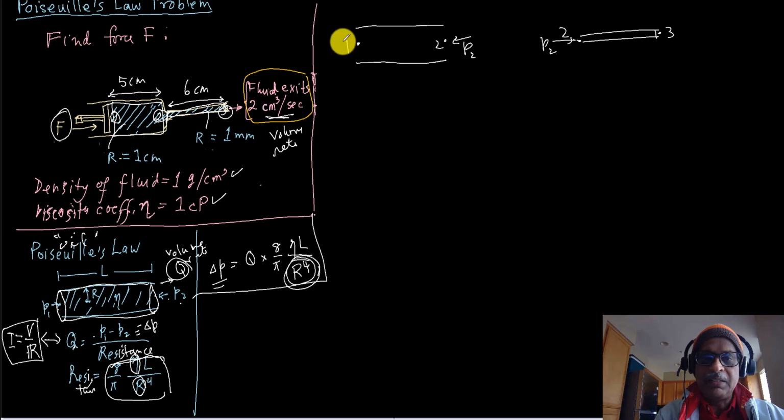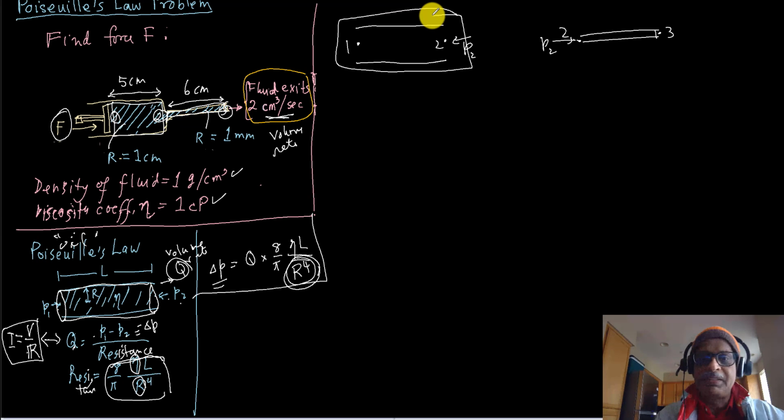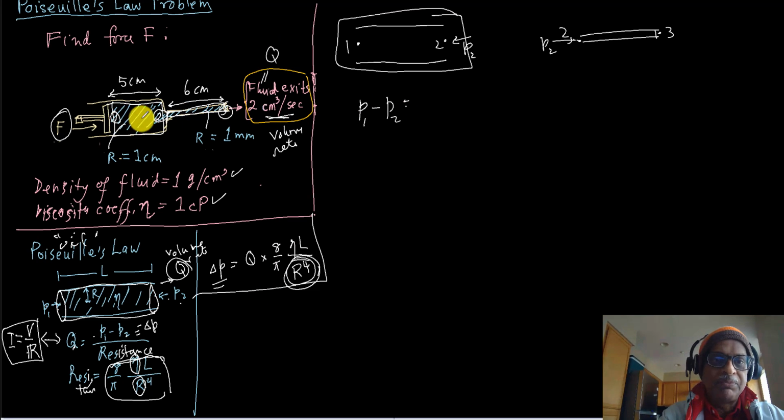And in here I'm going to have P1 minus P2, and let's call this Q. It's going to be the same flow rate regardless, though the velocity will be different, right? V3 will be different than V1, and V1 will be the same as V2.